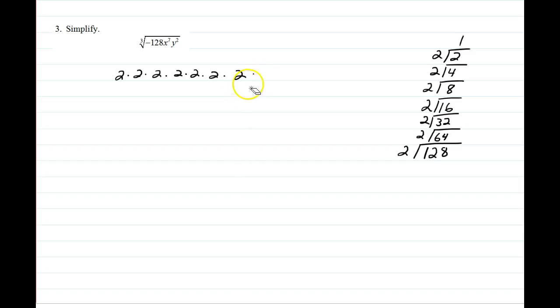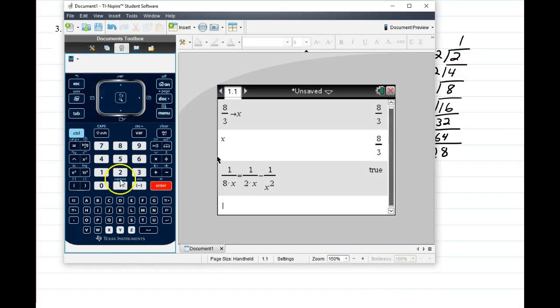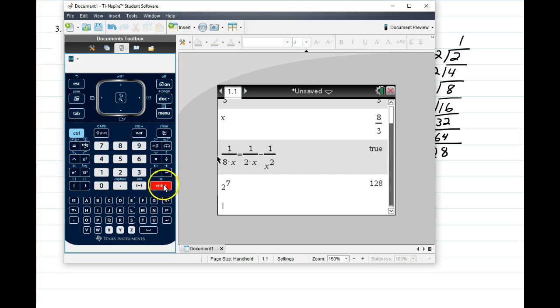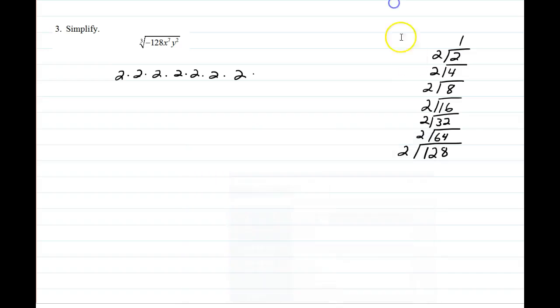And so it's always a good idea to just double check that on your calculator. And so to make sure that's right, 2 to the 7th power is 128. And then I have 7 x's.